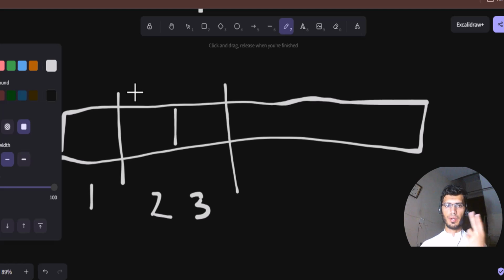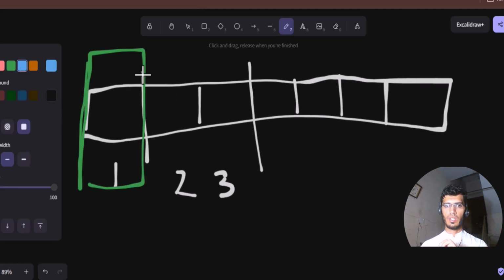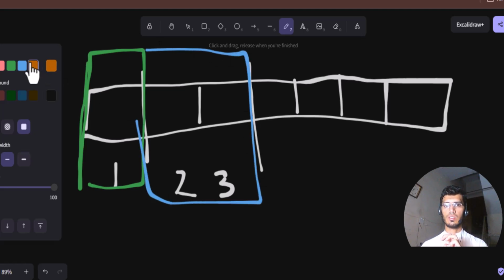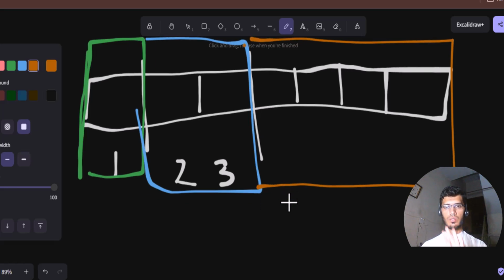As we have made the 2 cuts, we have 3 pieces: the green one, this blue one, and then this orange one. The green piece has 1 unit of gold, the blue has 2 units, and the orange has 4 units.